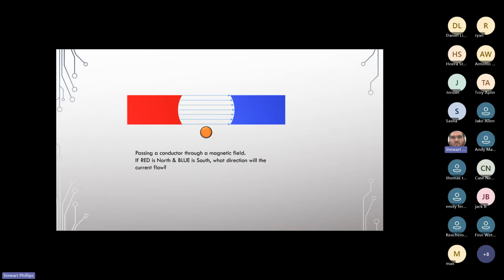Passing a conductor through a magnetic field, if red is north and blue is south, what direction will the current flow if we go the opposite way? So we would think it would go the other way.